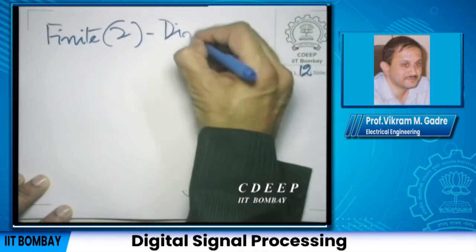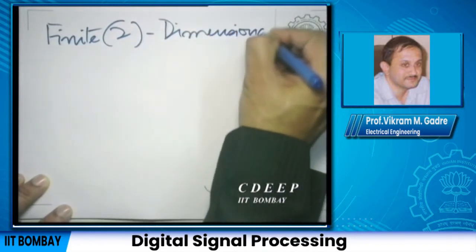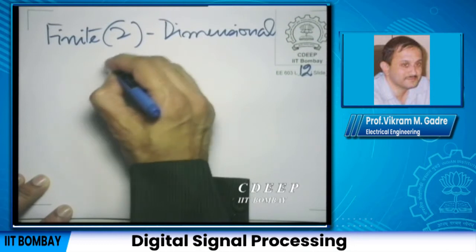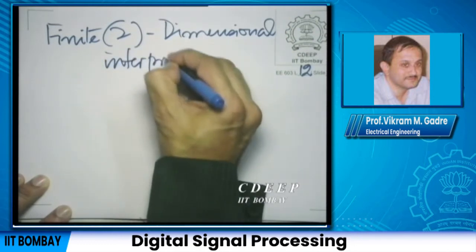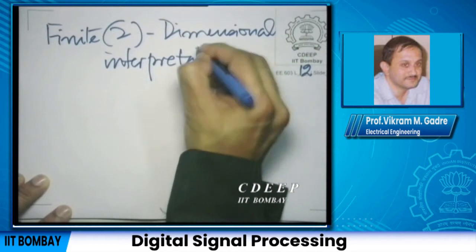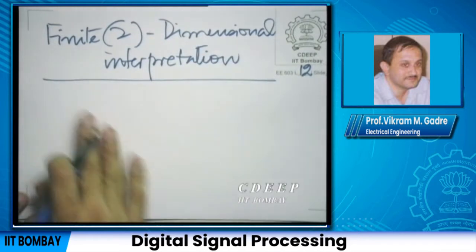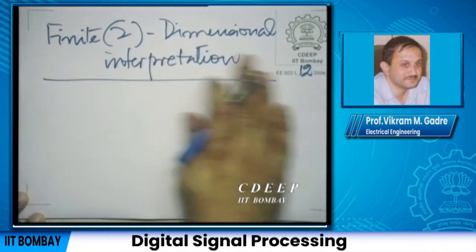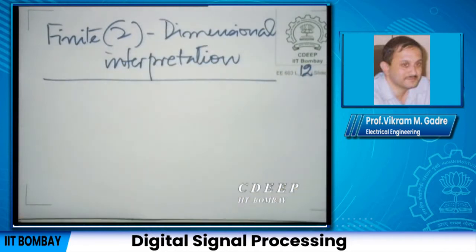So, let us look at the very simple finite dimensional case of 2 dimensions. Let us consider this 2-dimensional space in which this sheet of paper lies. You can visualize the sheet extending to infinity, constituting a 2-dimensional space.